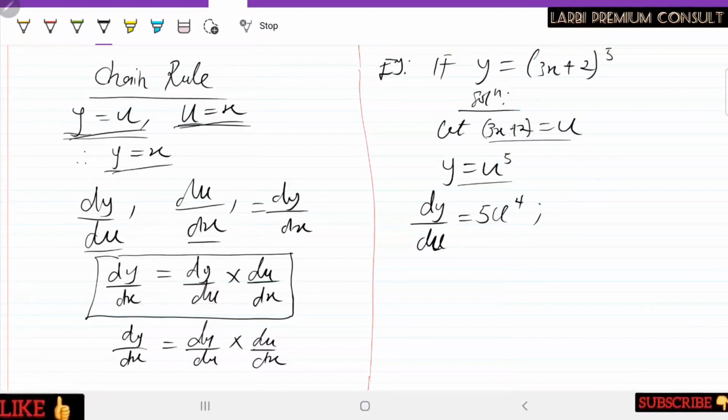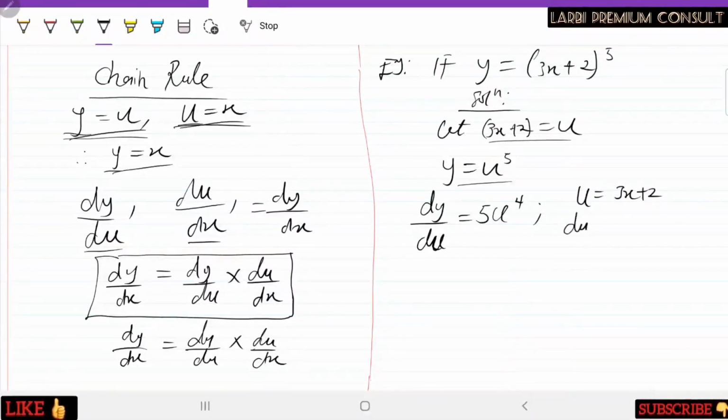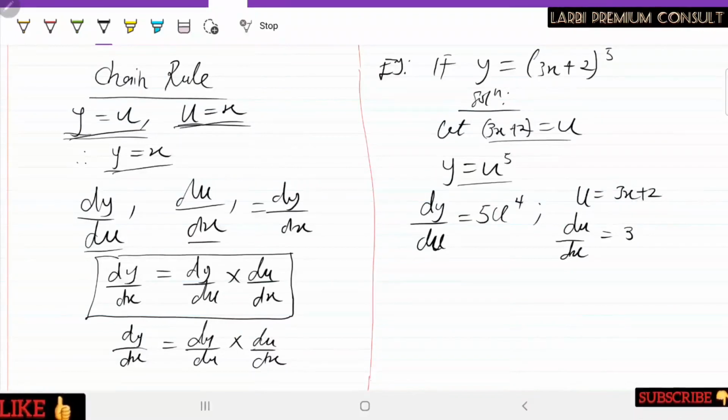Let me write it this way so that you appreciate it better. So u is equal to 3x plus 2. Therefore du over dx is going to give me 3. When I differentiate 3x, I'm going to get 3. The differential of a constant gives 0, so it becomes 3.